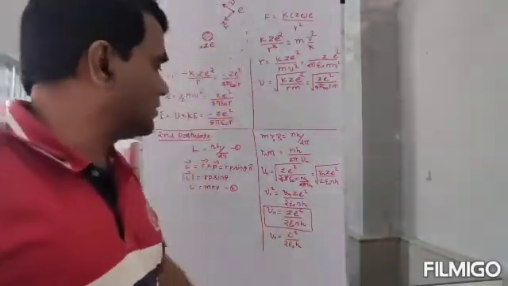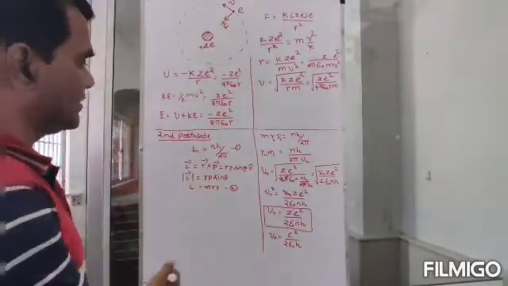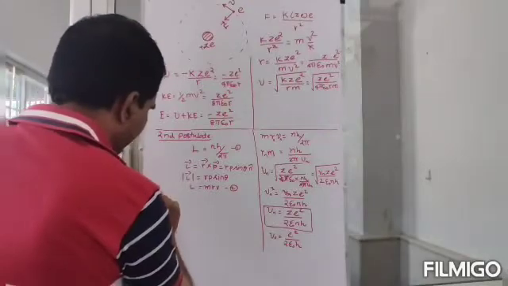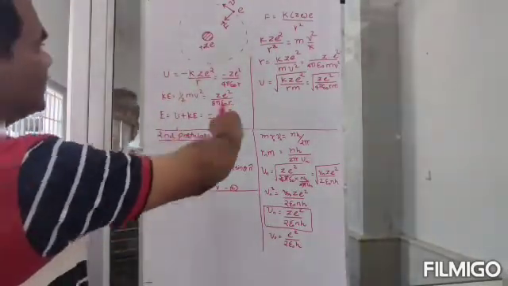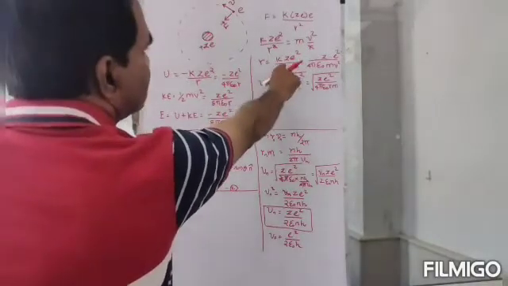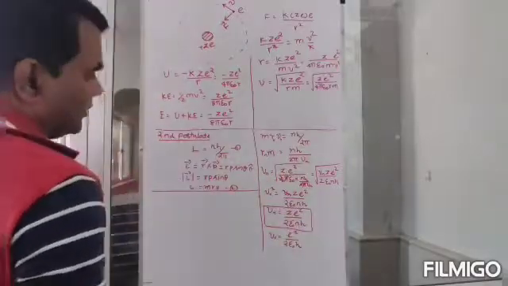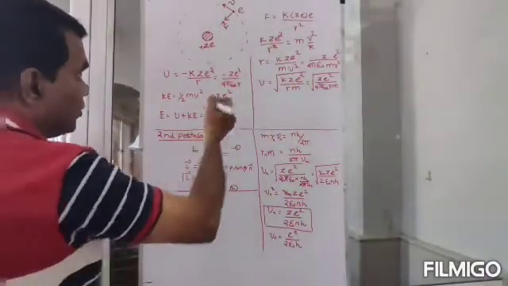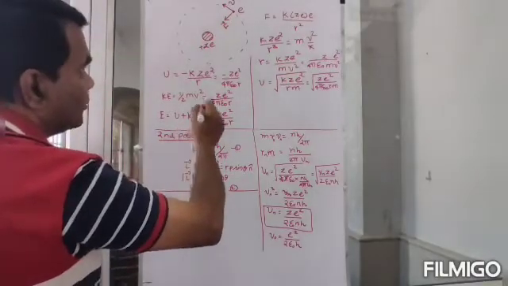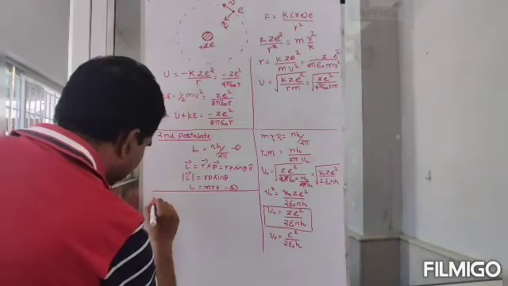Once you get this, then you can find the radius, right? Finding the radius becomes easy now. What do you do? The radius is this: Ze^2 by 4 pi epsilon naught m v^2. So you got v here, so you can find the radius. What is the radius of the nth orbit going to look like?